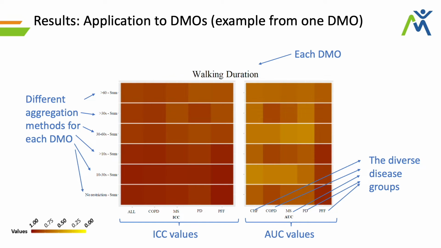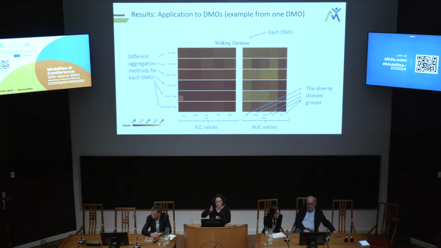This slide shows one DMO, how we present the results. For each DMO, in this case walking duration, we tested different aggregation methods. The summary statistic was the sum. What makes sense for walking duration is to sum all the durations of every bout during the day, to have walking time in a day.